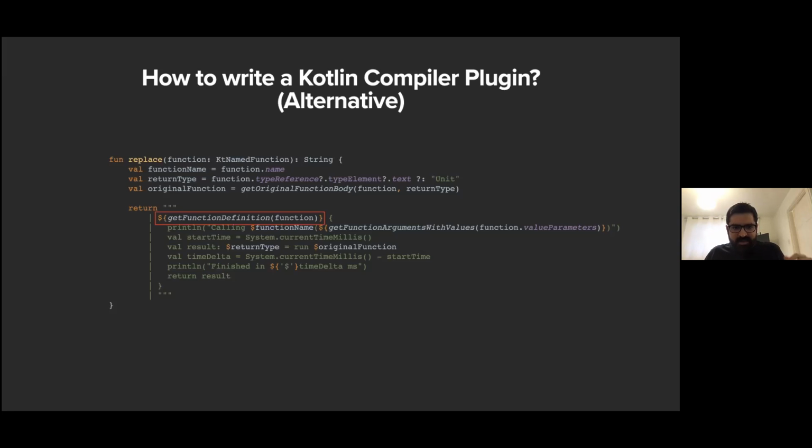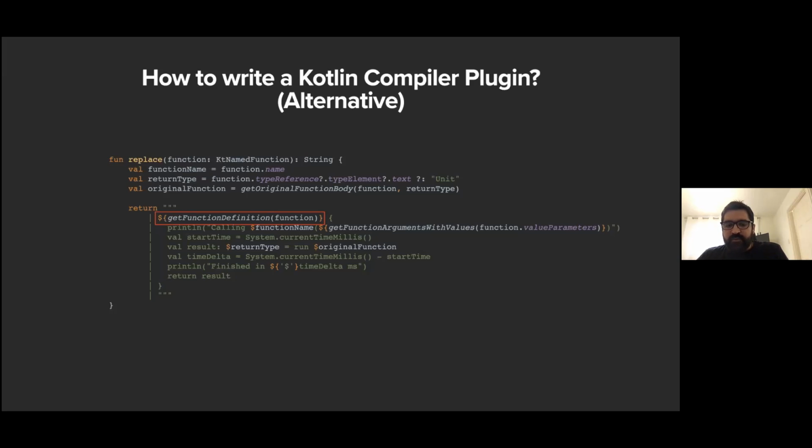So the first line is this function. What we're going to be doing is essentially replacing the original function, but we're not going to replace just the body of the function itself. We're going to replace the whole function.